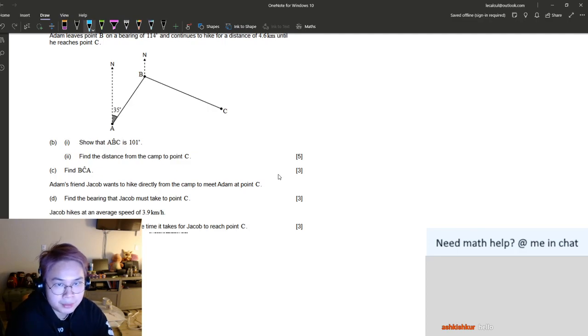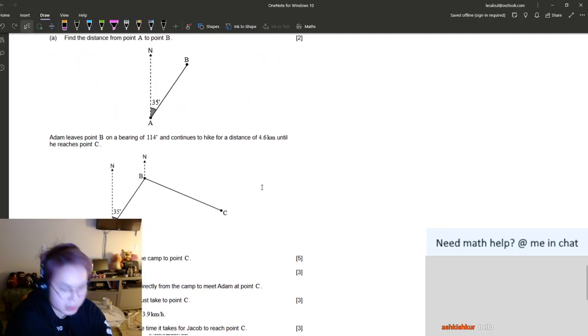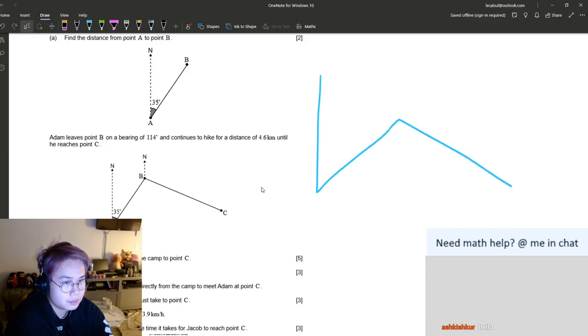So let's add in the information that we do know. And I'm going to draw a larger picture over here. It's not that much larger, but it's fine. So this is his second bearing. And then here is his first bearing.